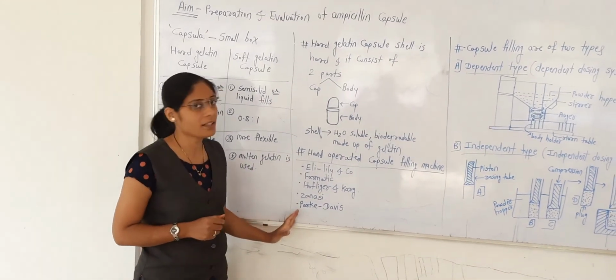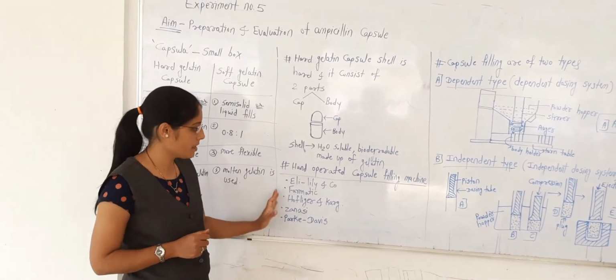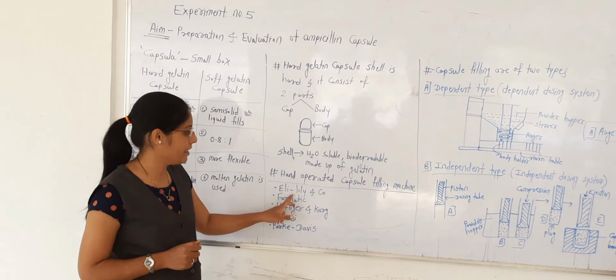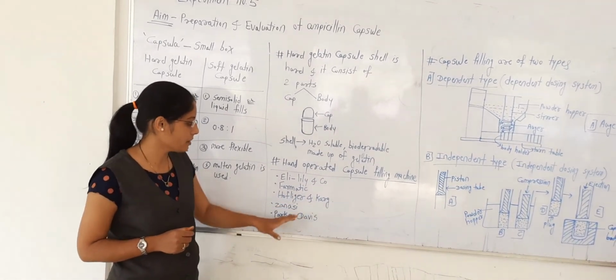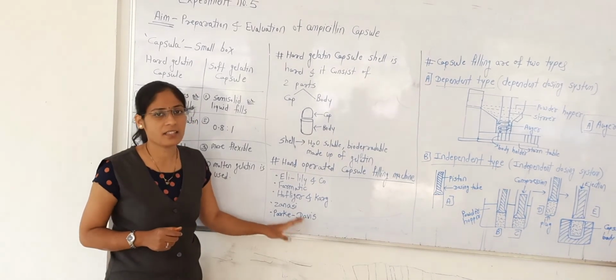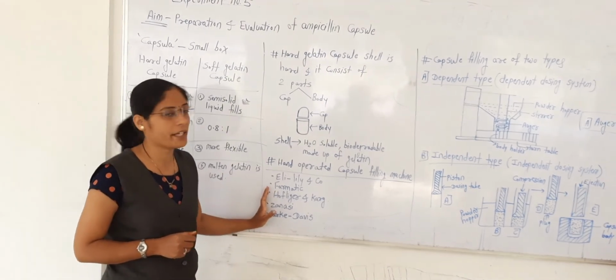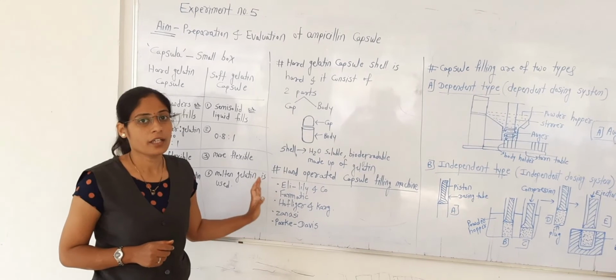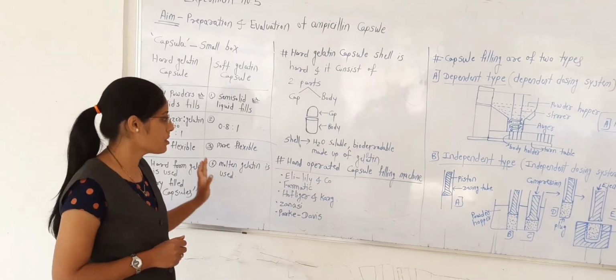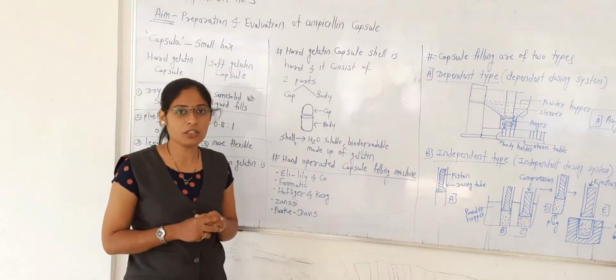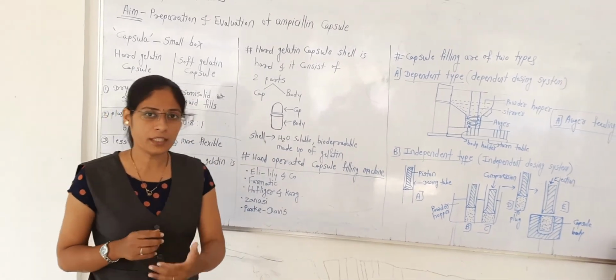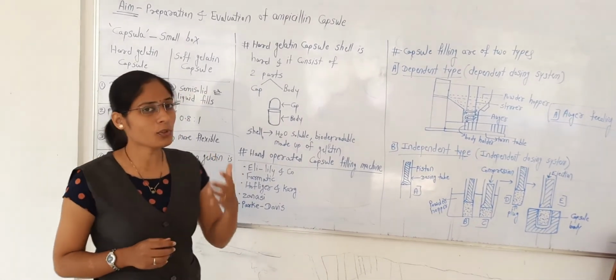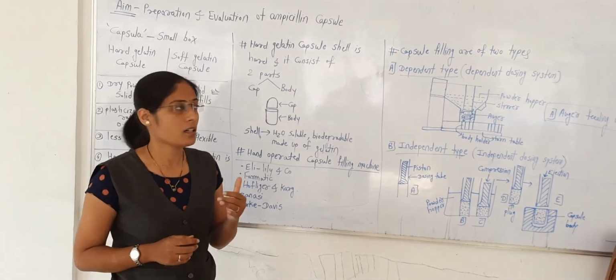These are the different hand operated capsule filling machines: Eli Lilly and Co, Fermatic, Hoflinger and Karg, Zanussi, Park and Davis. These are all hand operated capsule filling machines. In today's experiment we also use a hand operated capsule filling machine to fill the medicament.